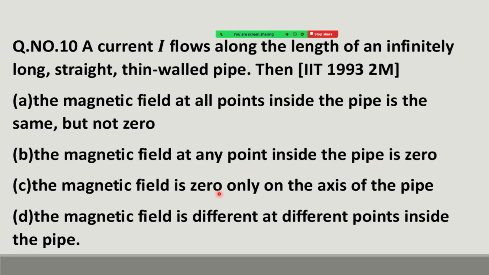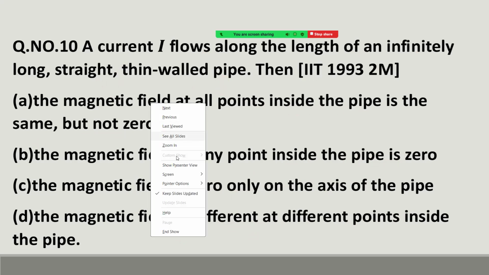Is it zero only on the axis? Is it different at different points inside? The condition given is that a current I flows along the length of an infinitely long, straight, thin-walled pipe. That means it is a hollow cylinder, right?